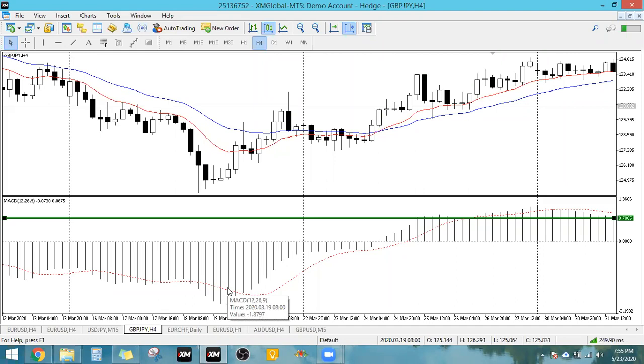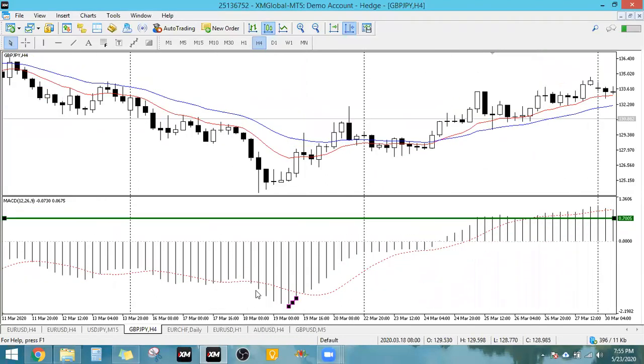Negative 1.8797. Yung nakaraan, negative 1.8893. So kita mo, medyo nag-shift na yung histogram natin. No? It's now going to the positive side. So once you see a decline in your histogram, yan actually yung early reversals na pwede nating makita sa market. Okay?